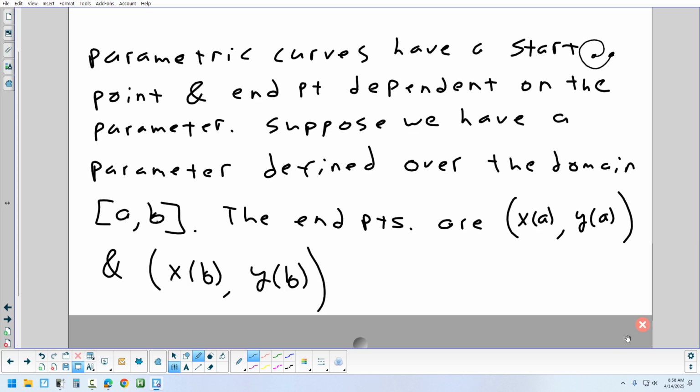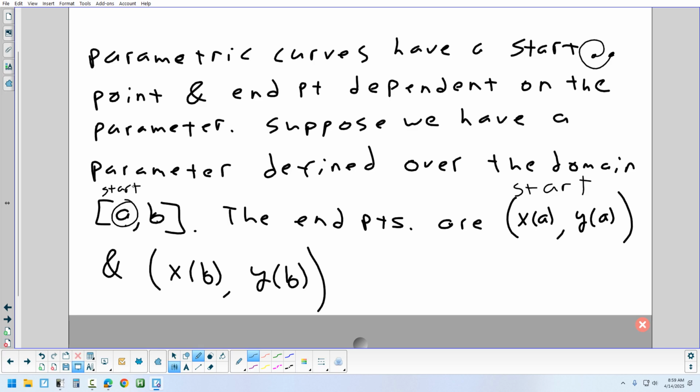So there are 4 calculations you need to do to find the start point and the end point. This value, which is the low value, if you plug that into both of your formulas, remember the one that generates the x's and the other one that generates the y's, this number will tell you where you are going to start.